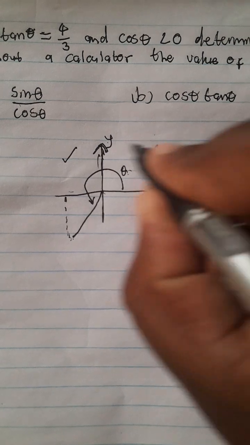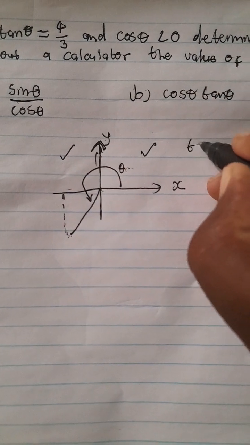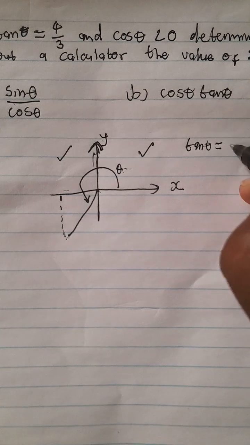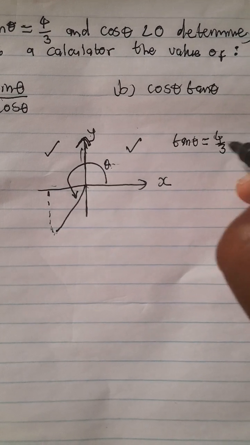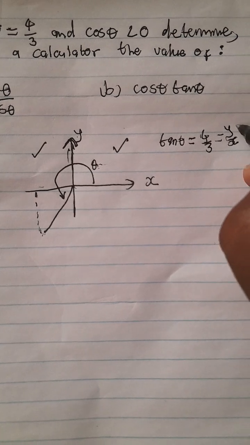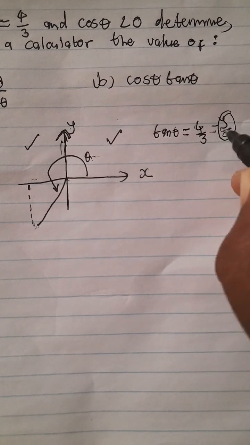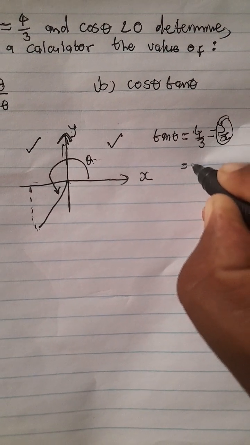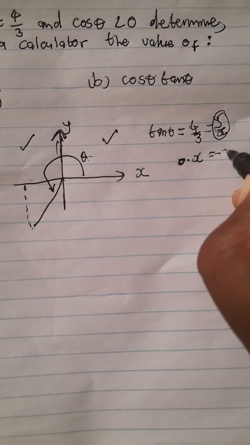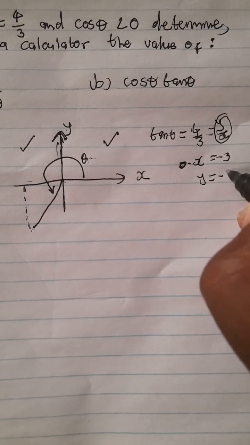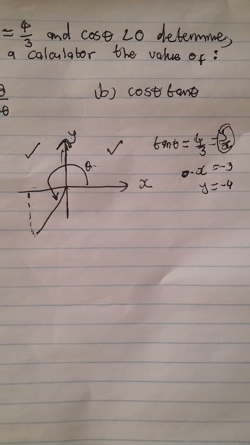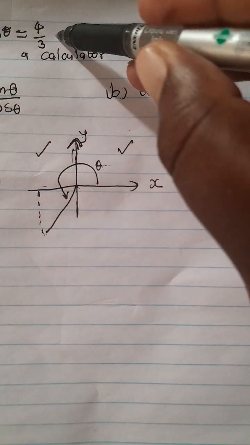Because we have tan theta as 4 over 3, this is the same as y over x, right? What are the values of y and x? They are negative, meaning that x is negative 3 and y is negative 4. So when you divide them, obviously they will be positive. That's why we have 4 over 3 there.